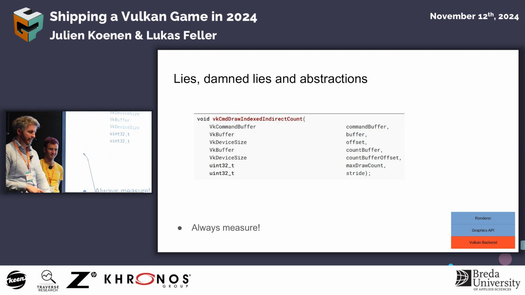We think the problem is just the way it's implemented on this particular GPU. Our mental model is that you have a lot of checks: if the count in the buffer is actually smaller than the max draw count, and you have that repeated like 64,000 times.